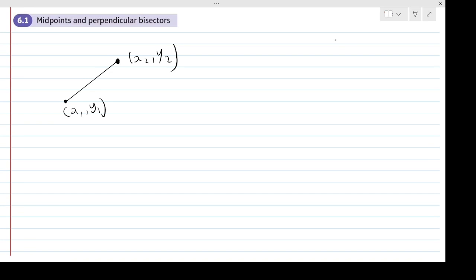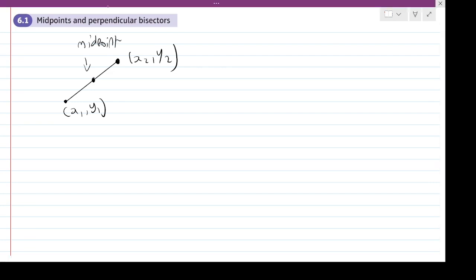Actually, what else you can do with this line is work out what's in the middle, which should be about there. This middle point here we call the midpoint, obviously, because it's the middle point. And this will be useful to us in a moment.